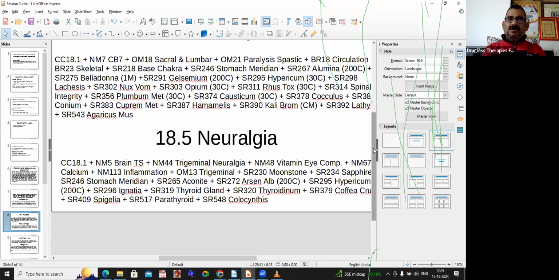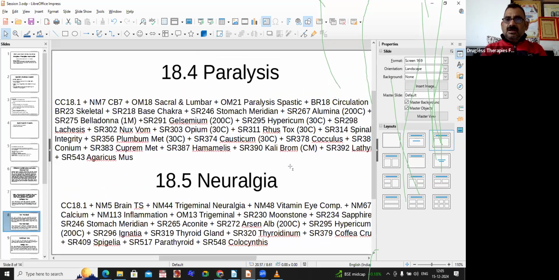For those things, even this paralysis group, and you can also use Lathyrus and many others, Plumbum metallicum, all are used. These can be used when someone comes to us for the support of the spiritual healing system. We can give this combination even for polio.